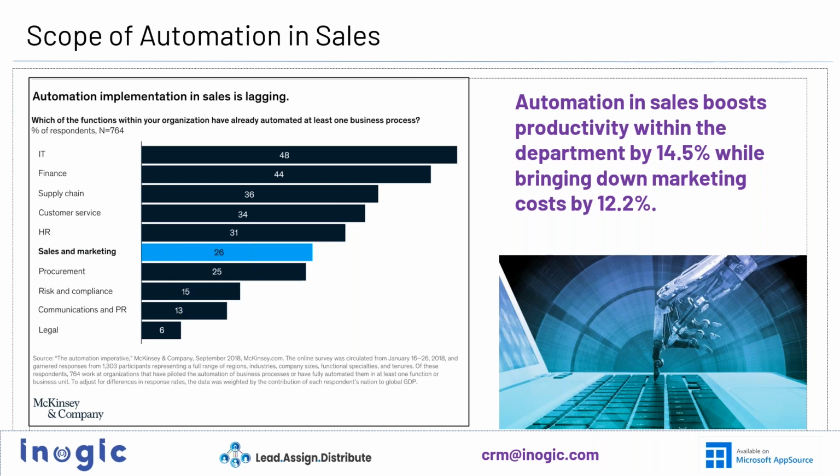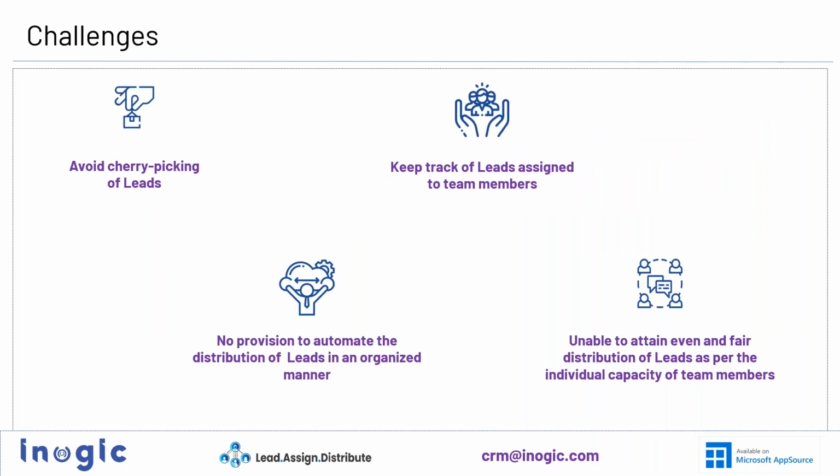However, before we discuss the lead assignment and distribution automation in detail, let's see some of the common challenges that most organizations usually face when it comes to automatic record assignment. The first and foremost is the cherry picking of the leads or records. The sales representative or the service representative, or for that matter any CRM user, can cherry pick the records based on their convenience.